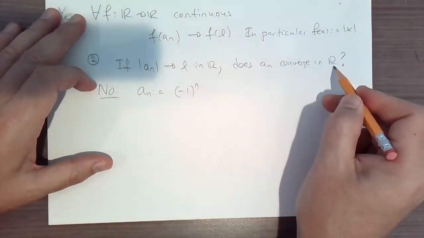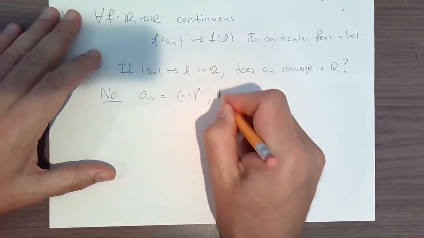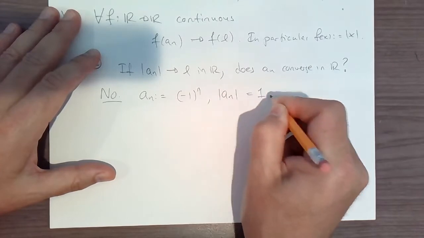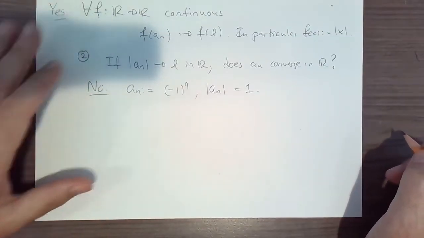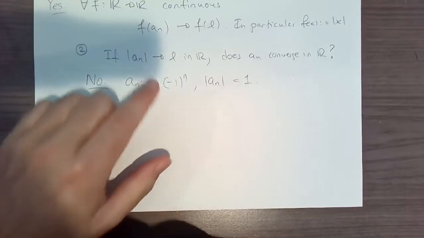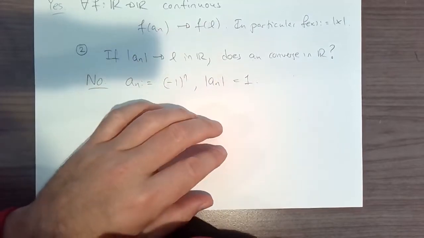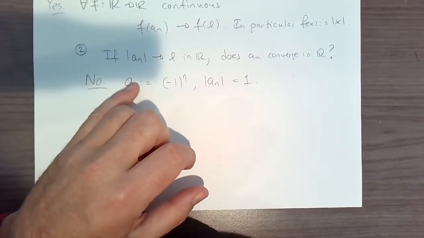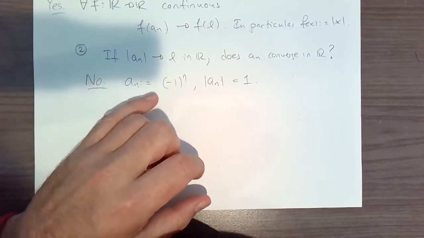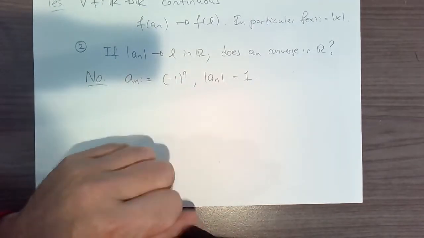That does not converge in R. But if you take the absolute value, you get 1. So the absolute value converges to 1 because it's a constant sequence. But the original sequence before you took the absolute value would not converge. That would oscillate.